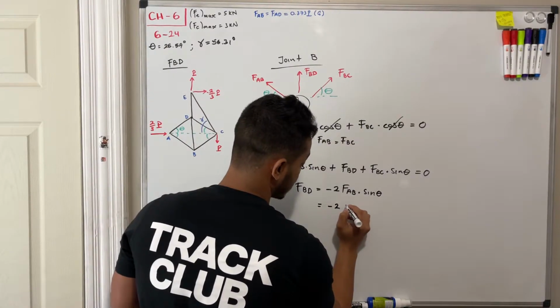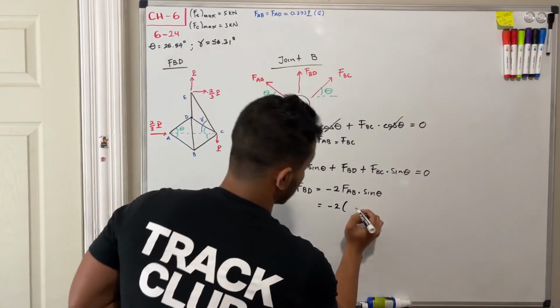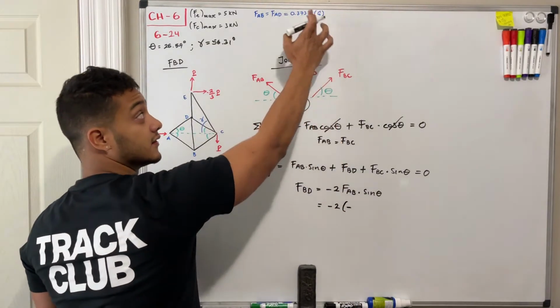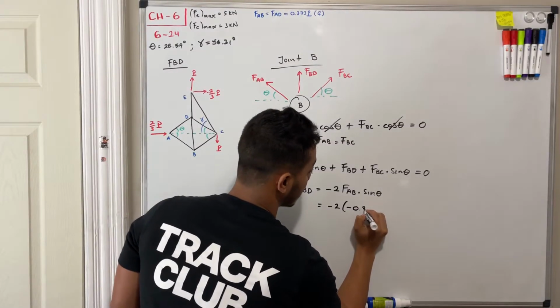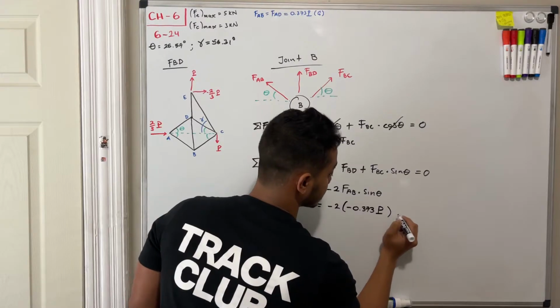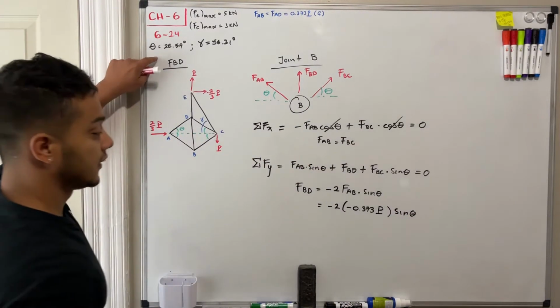Negative 2 multiplied by FAB. FAB is equal to negative, because it's compressive, don't forget that we found the negative, 0.373P multiplied by the sine of my angle theta, that is over here.